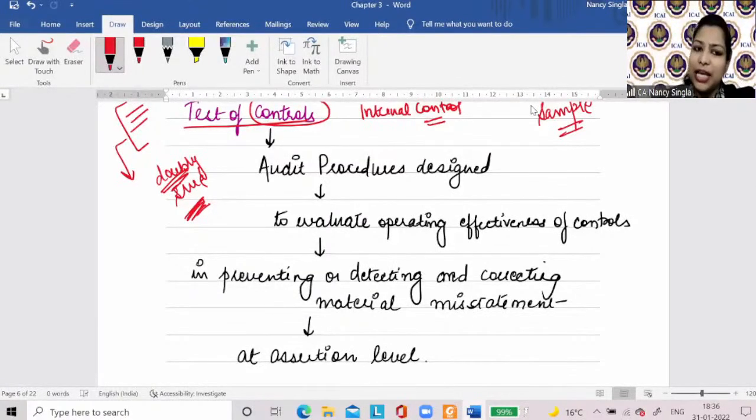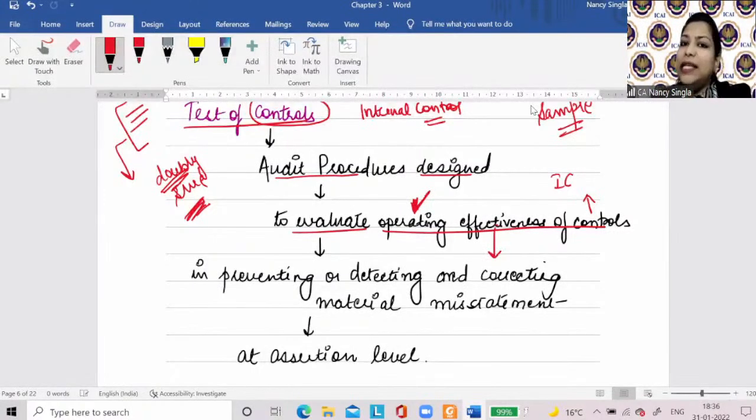Now the definition, as I've already told you, these are what? Audit procedures. So the definition starts with the words audit procedures designed. Why? To evaluate the operating effectiveness of controls. Which controls? Internal control. So we are going to check whether, when the internal controls are operating, they are effective in doing something.